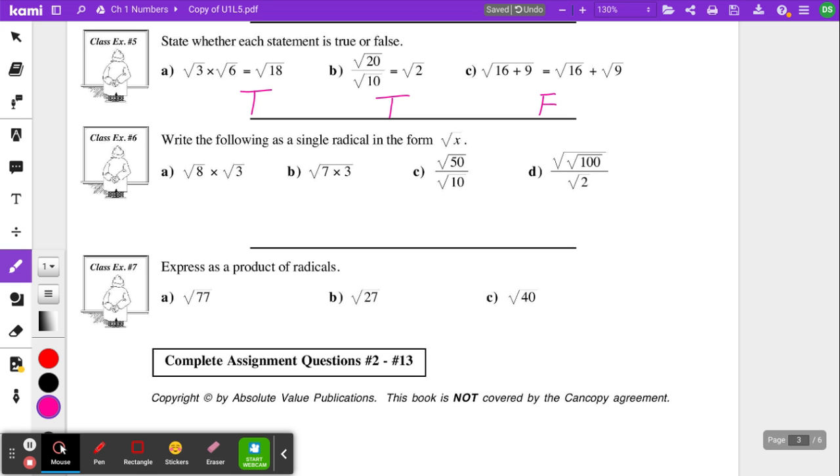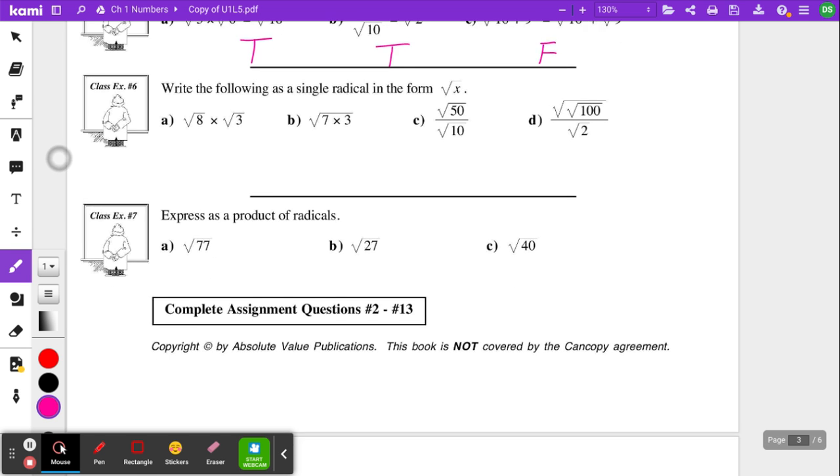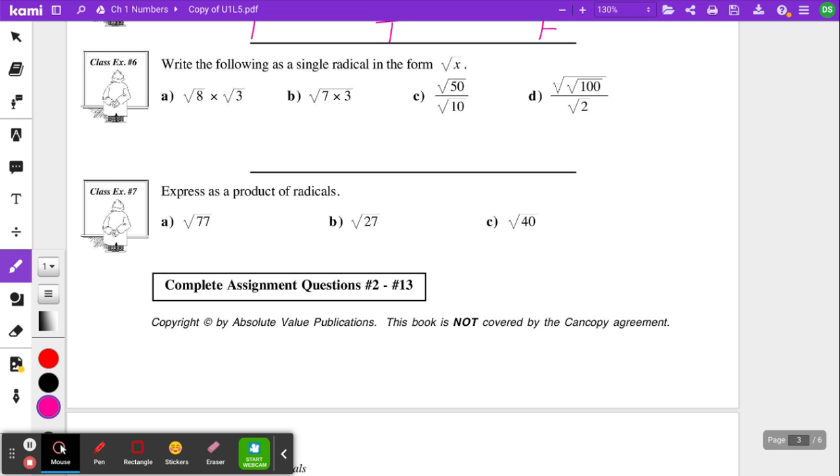Are there rules for multiplication and division? Yes, they're simple. It's just what you think. You can kind of ignore the radicals and just put your answer into the radical. So what do you suppose the answer is for class example number 6A? Root 8 times root 3. What do you think that's going to be? Can we do this together when we're multiplying? Yes, we like multiplication. It's just square root of 24. Done deal.